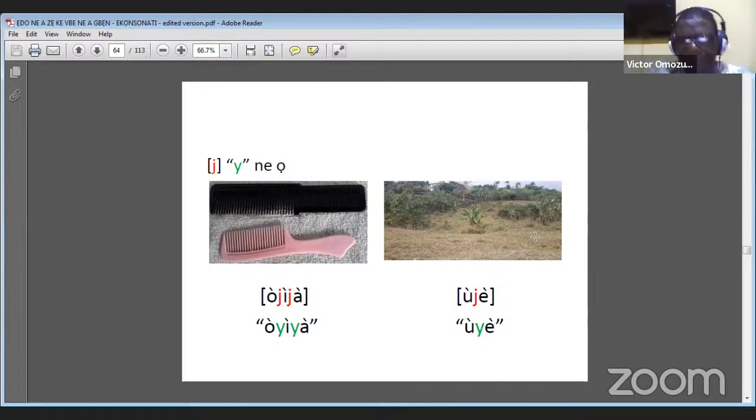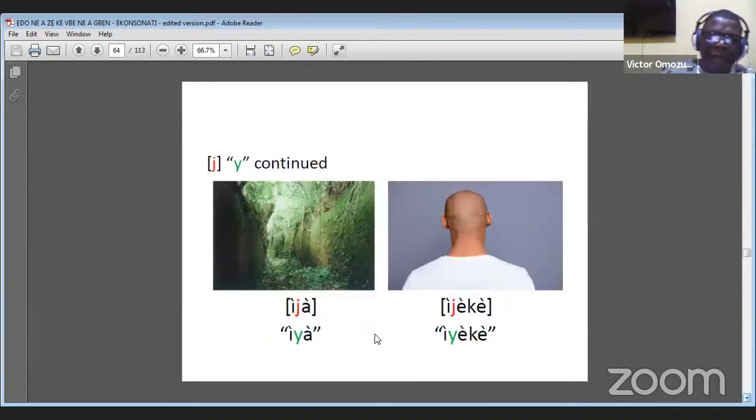It's very wide. Uye. There, Iya. There, Iyeke. That's the back. The back here.